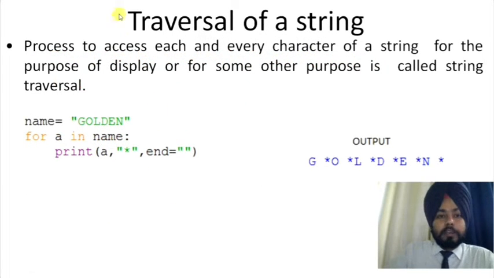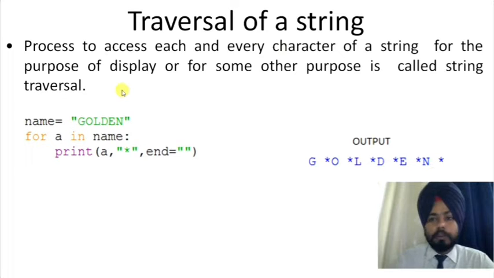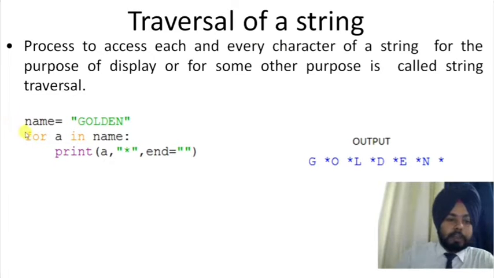Our next topic is traversal of a string. The process of accessing each and every character of a string, for the purpose of displaying it or for some other purpose, is called string traversal. Here I have taken a variable named name, and the value of the variable is golden.